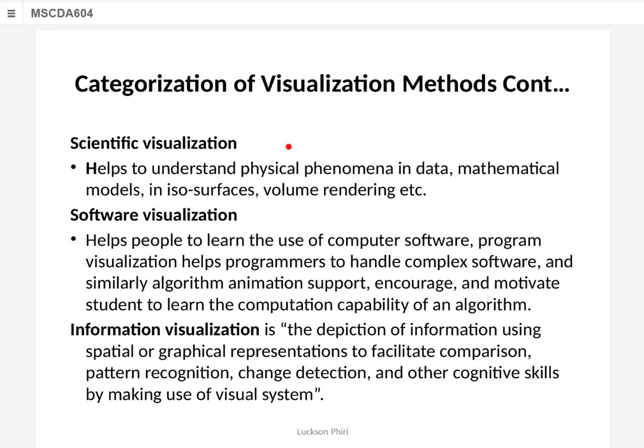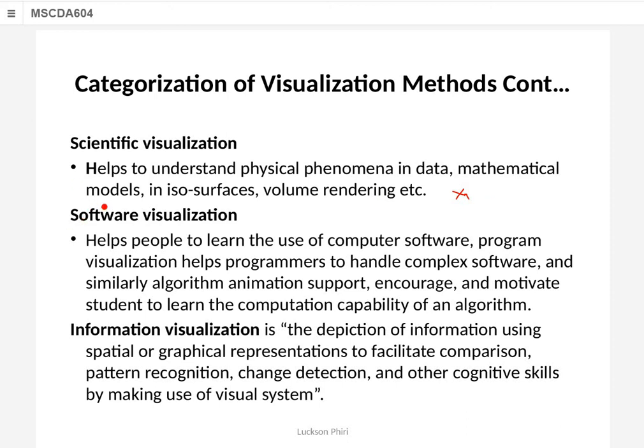Scientific visualization helps to understand physical phenomena in data, mathematical models, etc. You know, we are not going to look into this one in detail. Normally, these kinds of visualization are needed by specific people or experts in that particular field.